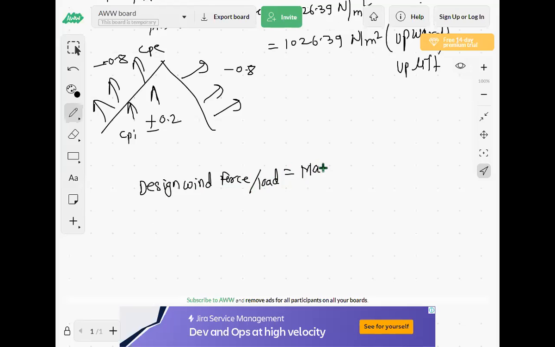The last formula: maximum wind pressure into inclined area, what I have given, what is given in the procedure here, inclined area of truss.